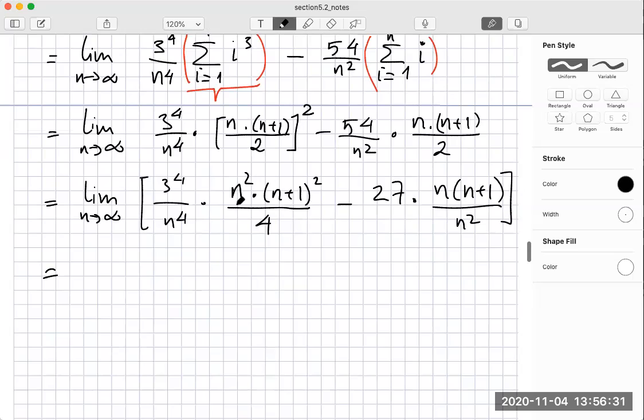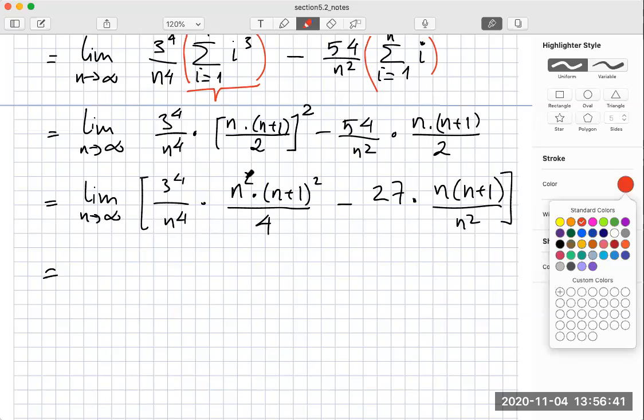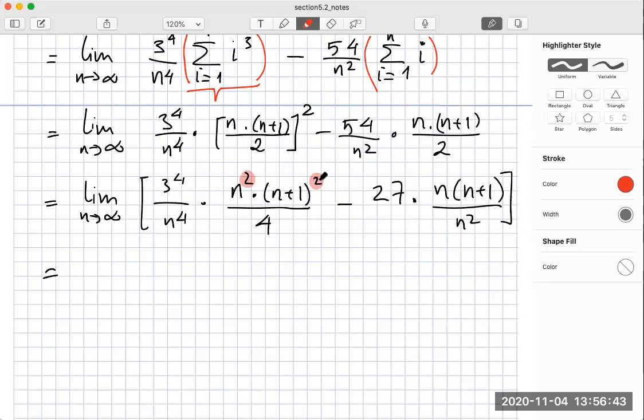So, in the numerator here, what is the highest degree of n? Square and then square. The highest degree would be n to the fourth. The highest degree of the denominator is also 4, right? So if we rearrange the number, we can see it better.